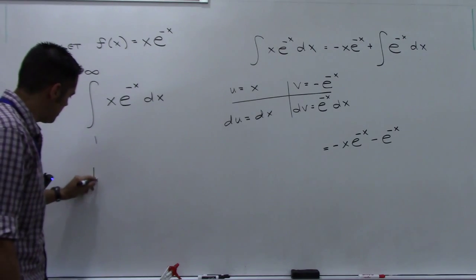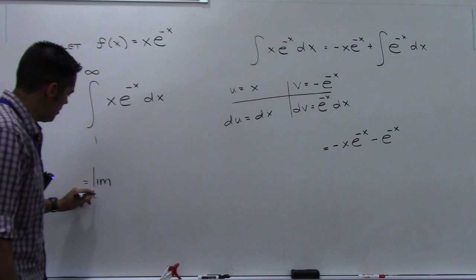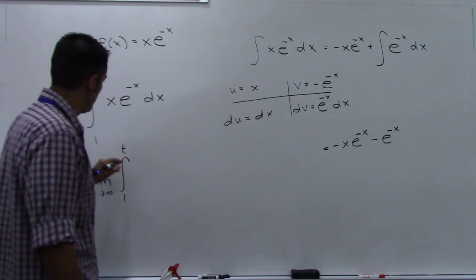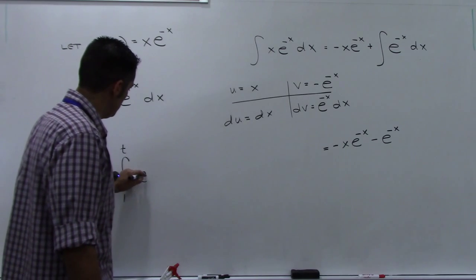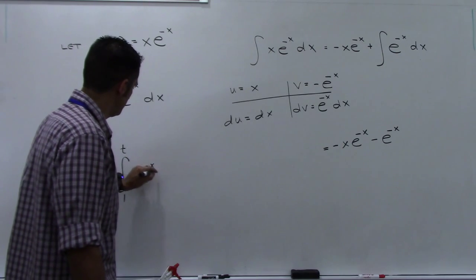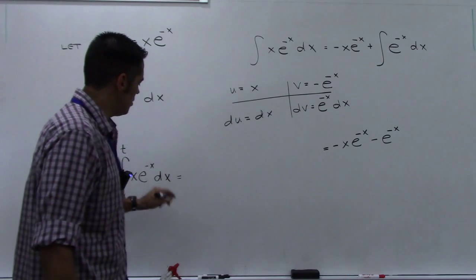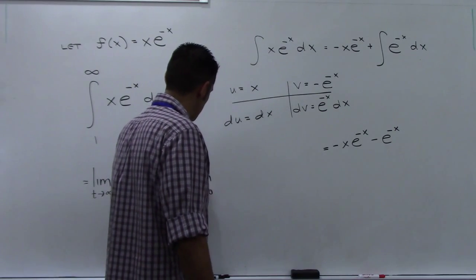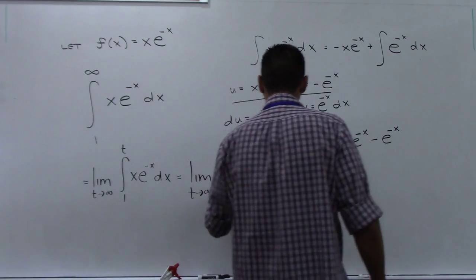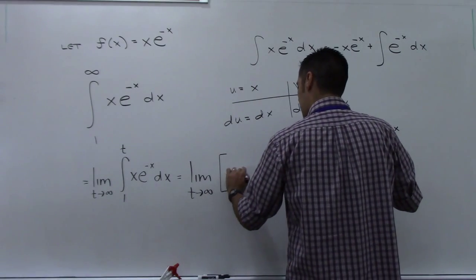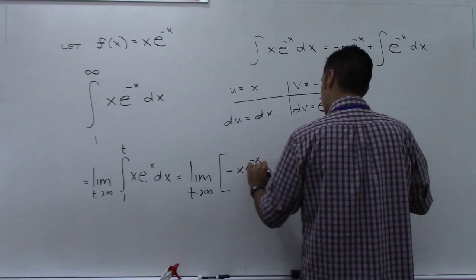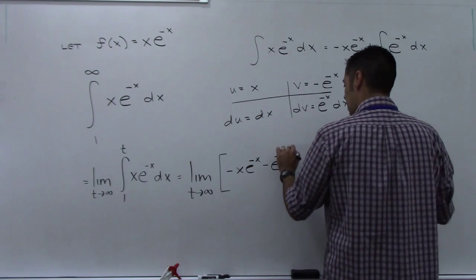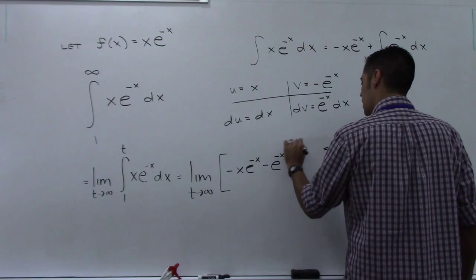Now notice we have an infinite limit. So I've got the limit as t goes to infinity of the integral from 1 to t of x e to the negative x dx, which equals, now the antiderivative, limit as t goes to infinity of negative x e to the negative x minus e to the negative x evaluated from 1 to t.